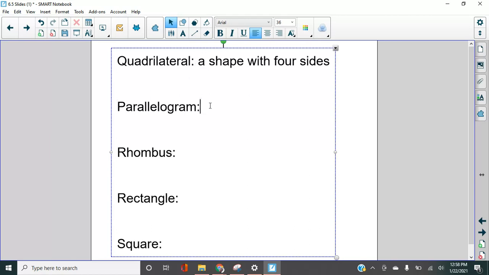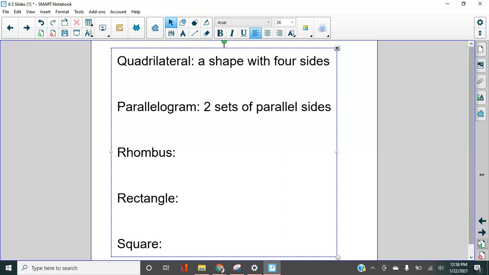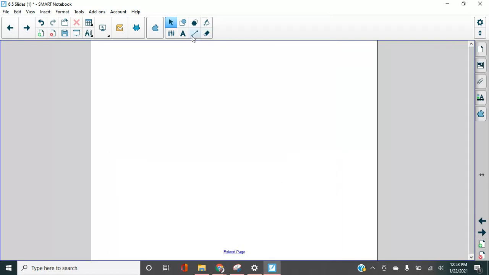And so a parallelogram is going to have 2 sets of parallel sides. I'm going to give you an example in a moment here. 2 sets of parallel sides. So remember the word parallel. Parallel is going to mean they're going to go the same direction and never cross.